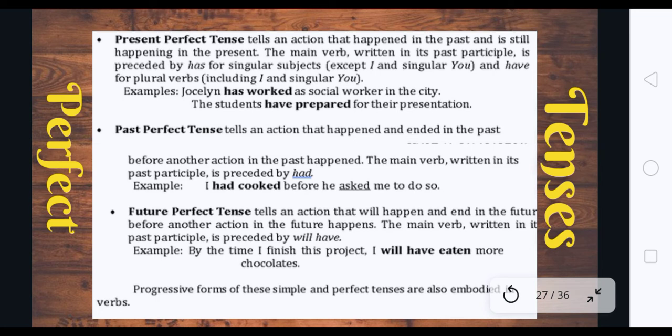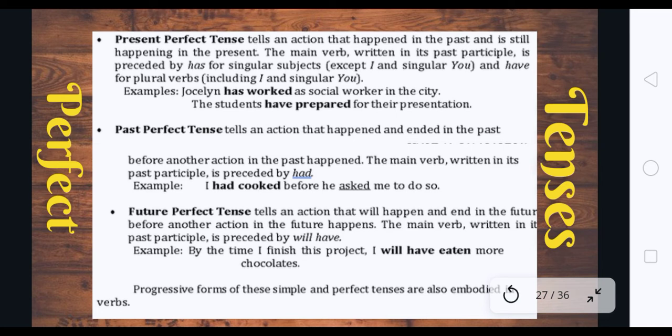The main verb, written in its past participle, is preceded by will have. Example: by the time I finish this project, I will have eaten more chocolates. Will have eaten. Eaten is the past participle of the word eat.